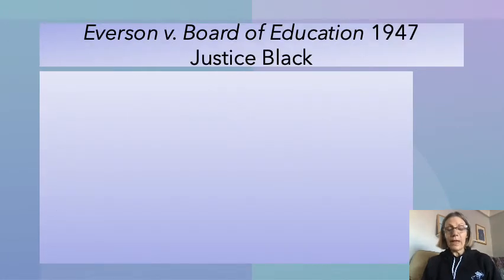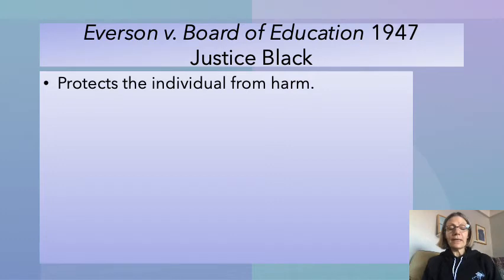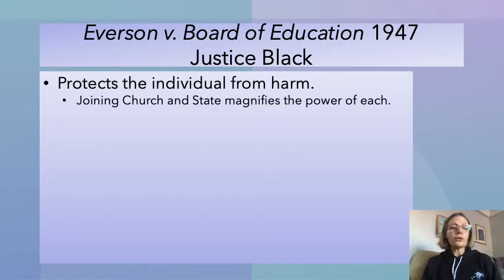So Justice Black writes the opinion of the court, and he starts with examining why the Establishment Clause is in the Bill of Rights. The first thing he says is that the Establishment Clause is in the Bill of Rights because it protects the individual from harm. Joining church and state magnifies the power of both church and state. A church that maybe wasn't getting assistance from the state becomes more powerful.